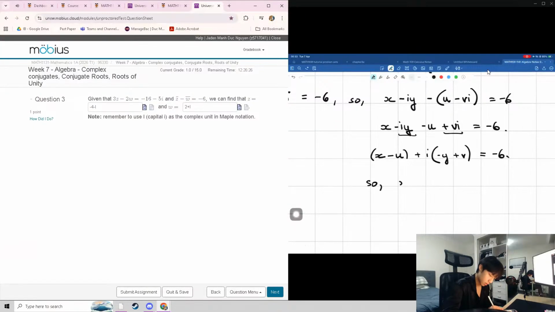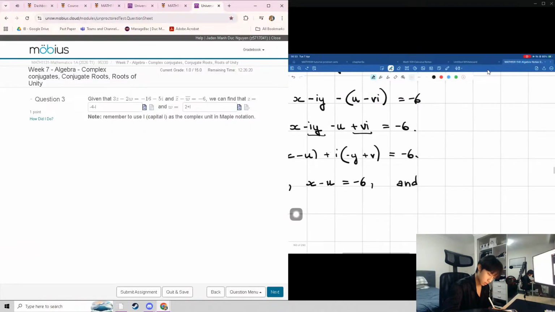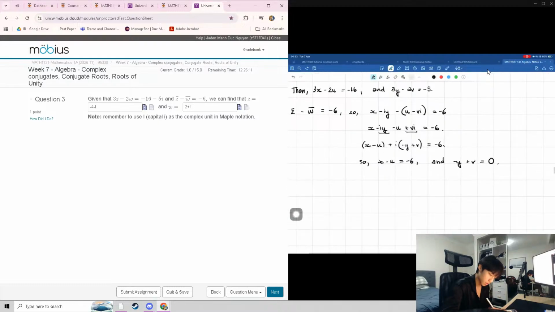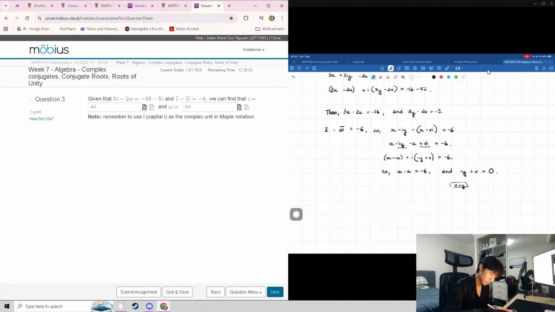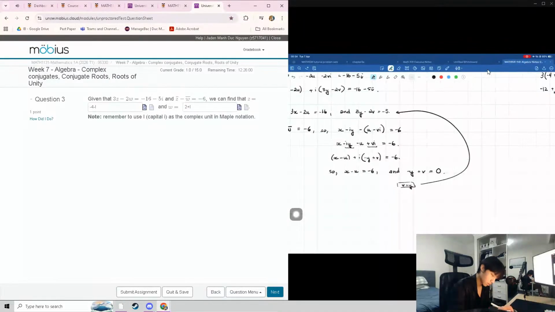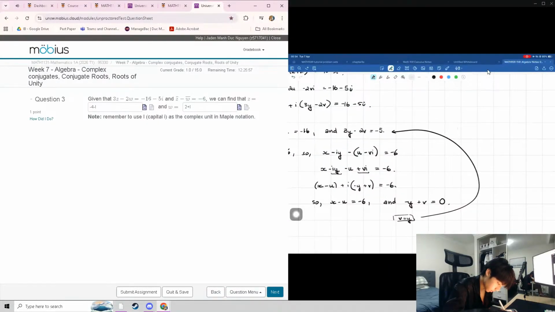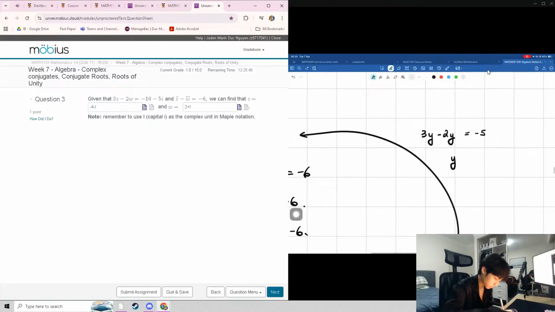So, right, we're just gonna start from here. V is equal to y. Helps. If we put v into y here, we get 3y minus 2y is equal to minus 5. Yep, so we get y minus 5.